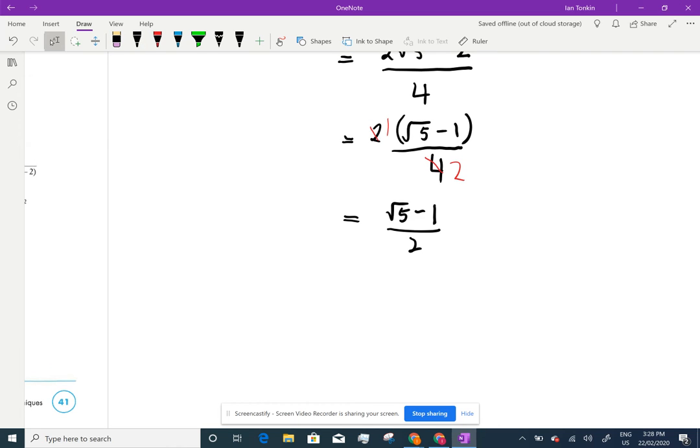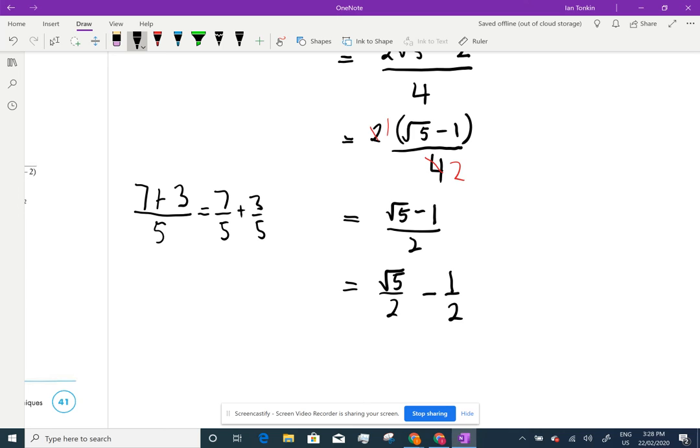But when you have a fraction, let's say, for example, you had 7 plus 3 all over 5. Well, that's the same as 7 on 5 plus 3 on 5. Well, I'm going to split this now. I'm going to have root 5 on 2 minus 1 on 2. And if I wanted to be really tricky, that's a half root 5 minus a half.